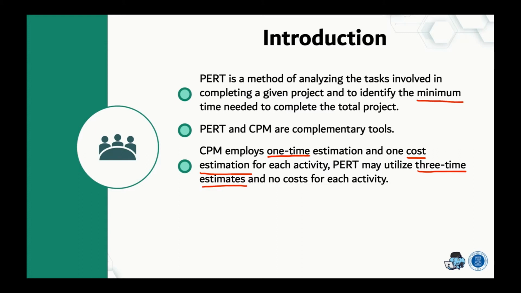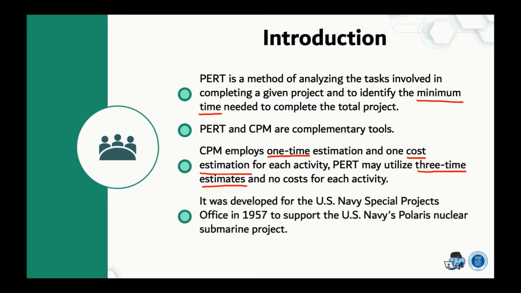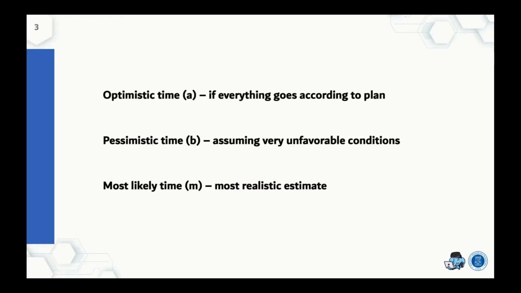As we mentioned, the purpose is to identify the minimum time needed to complete the total project. And in PERT, there is no cost for each activity. Historically, PERT was developed for the US Navy Special Project Office in 1957 to support the US Navy Polaris nuclear submarine project. Just a brief story about PERT.